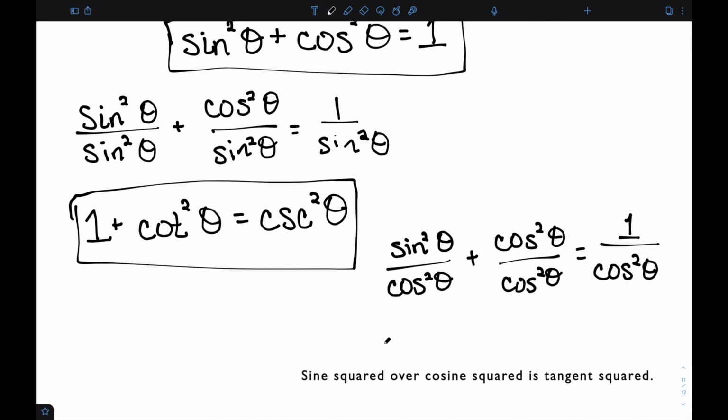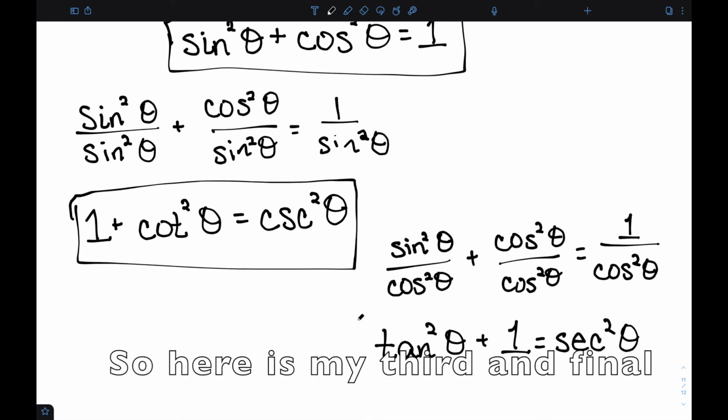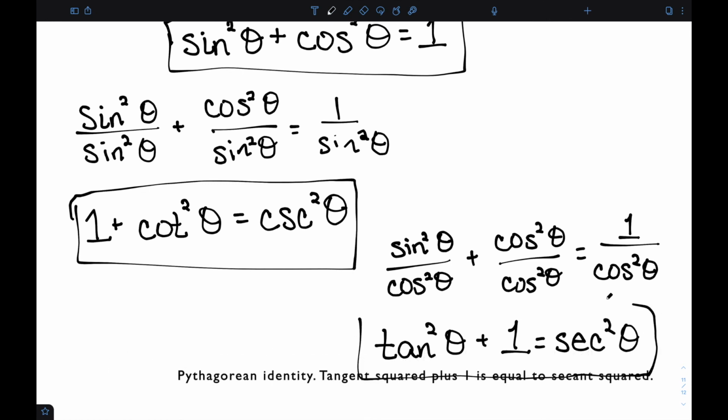Sine squared over cosine squared is tangent squared. Cosine squared over cosine squared is 1, and 1 over cosine squared is secant squared. So here is my third and final Pythagorean identity. Tangent squared plus 1 is equal to secant squared.